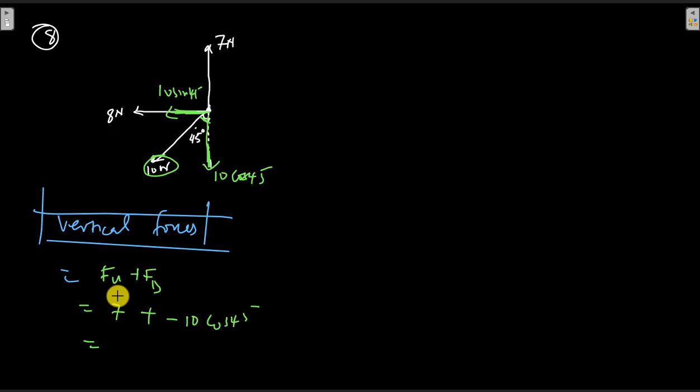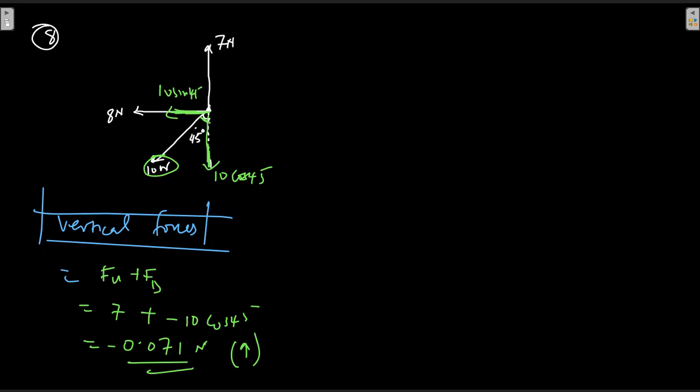I'll just give you the final answer: 0.071 newtons. I'm going to do this twice to see if that's correct. Okay, I guess that's right. 0.071 newtons in the vertical direction. This is a positive value, so that means this force is upwards. I'll just write an arrow.